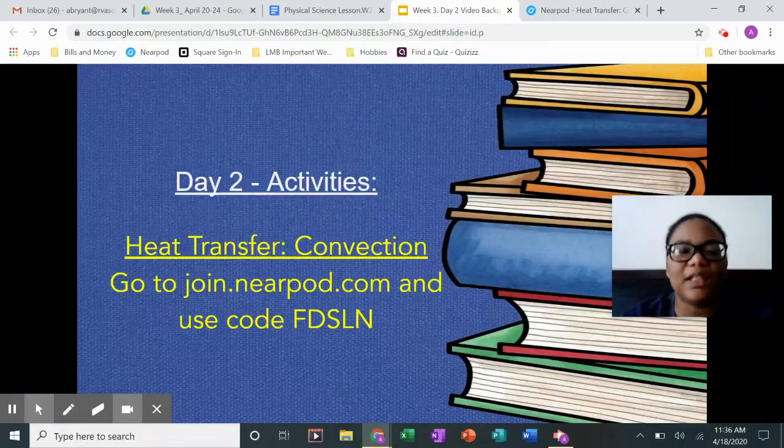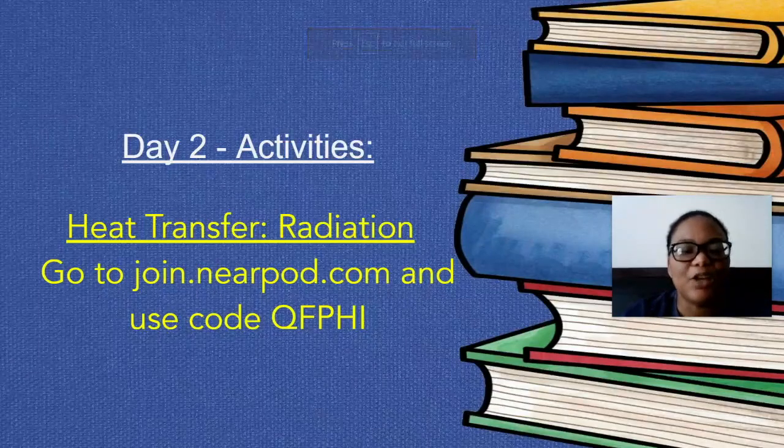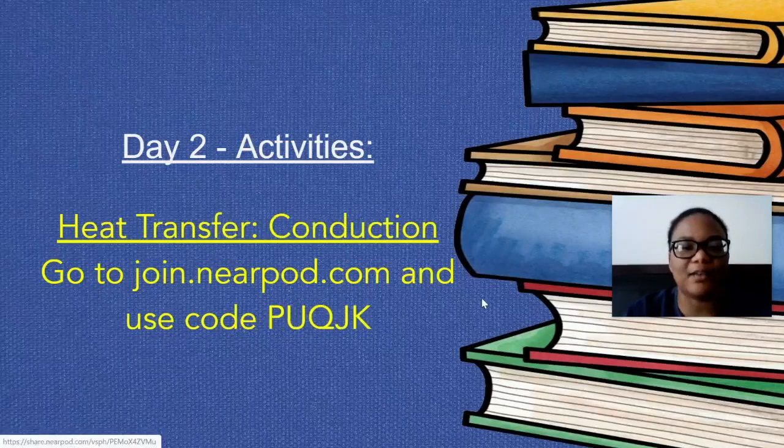So now let's take a look at our second Nearpod. Heat transfer radiation. You can go to this one by going to join.nearpod.com and use the code QFPHI. Let's see what it looks like.